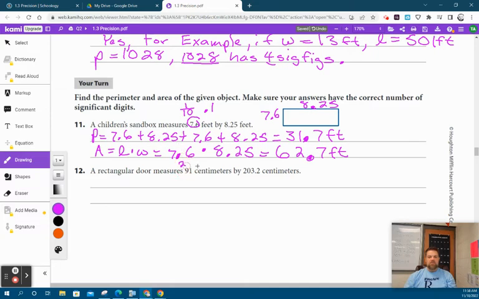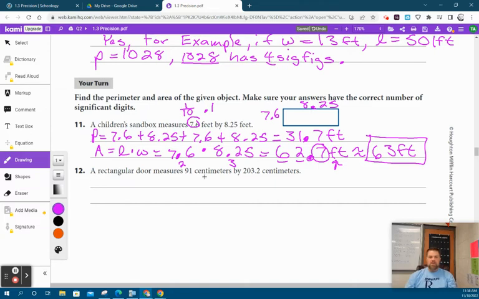This has two significant figures. This one has three. So we're going to go to two significant figures. Because we're rounding to two significant figures, I look at the 7. 7 is greater than 5, so I round up. So it's 63 feet is the final answer if we're going to use significant figures. Okay? So the rules change a little bit when we multiply.